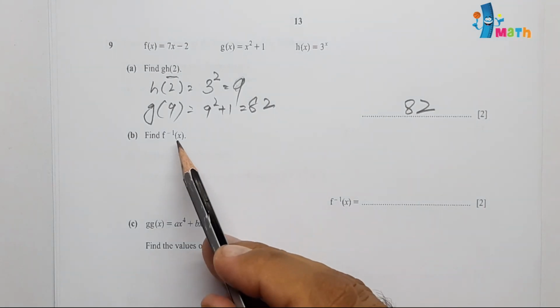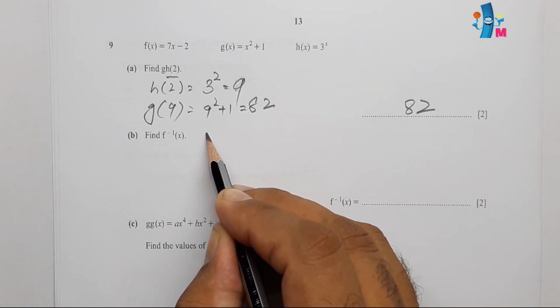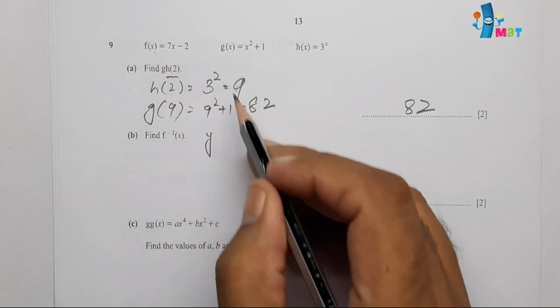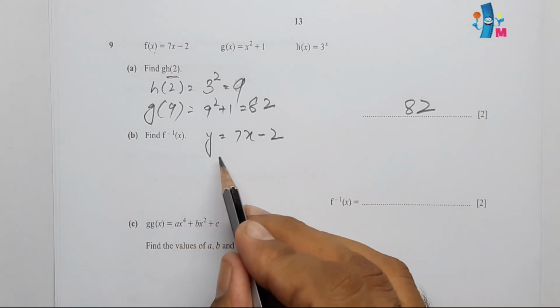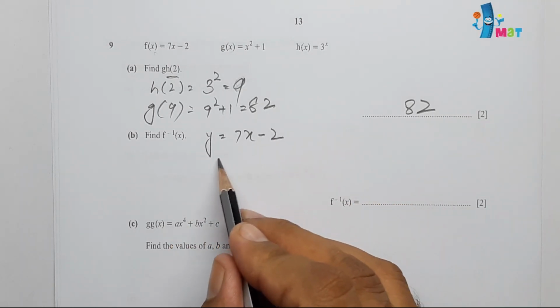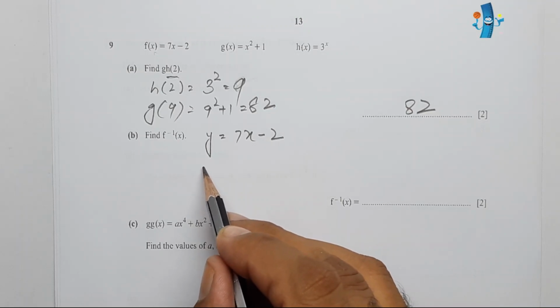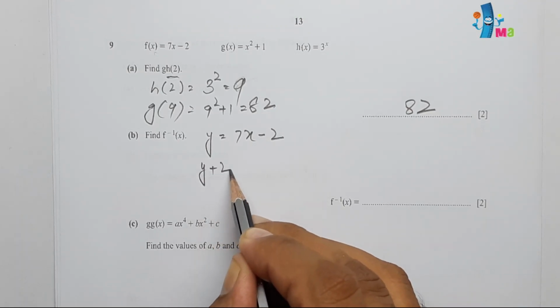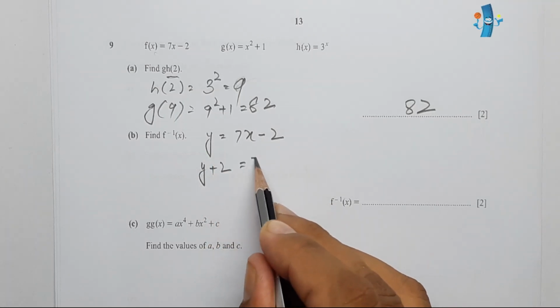Find f inverse of x. So we know f of x is equal to y, and y is equal to 7x minus 2. So we can make x the subject. So y plus 2, we have shifted to the other side. y plus 2 is equal to 7x.